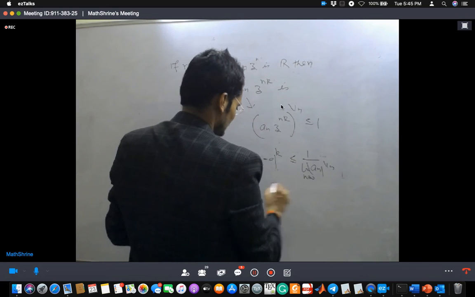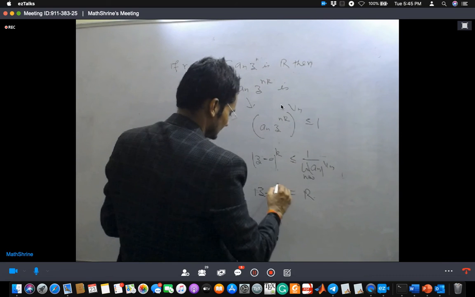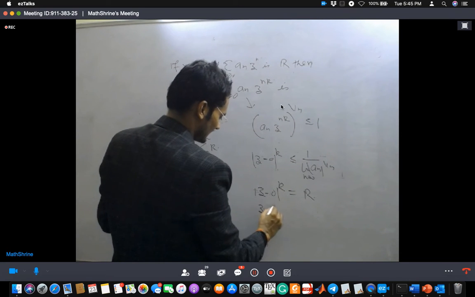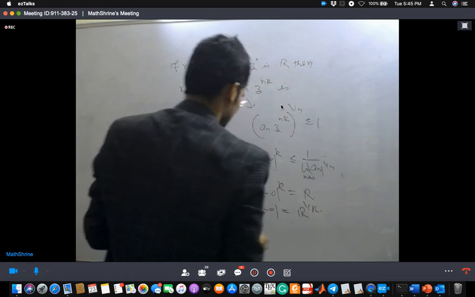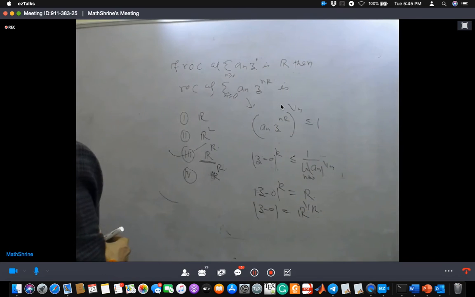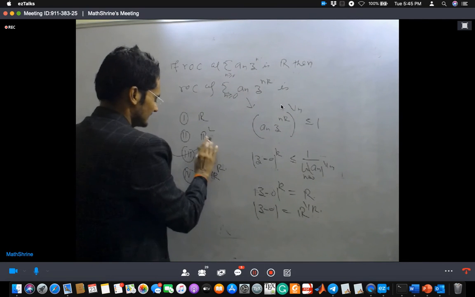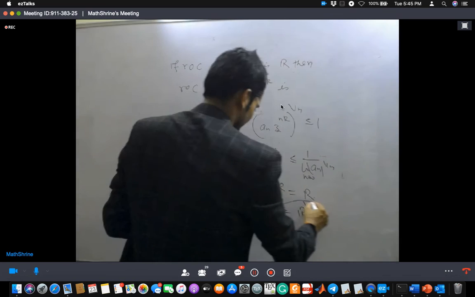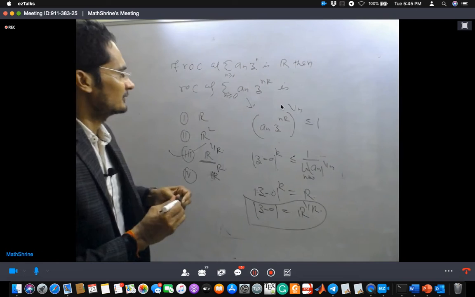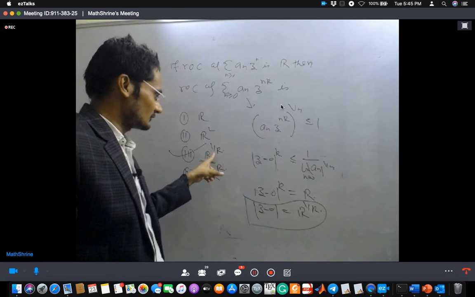So z minus 0 comes out as r raised to the power 1 by k. If you are increasing the power, it will come out as the kth root of r.